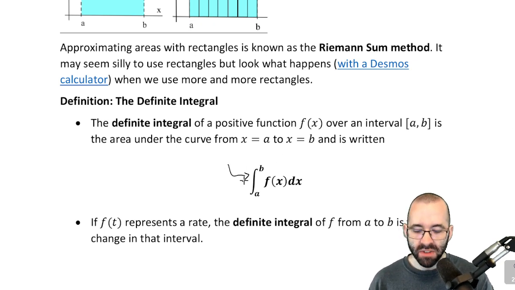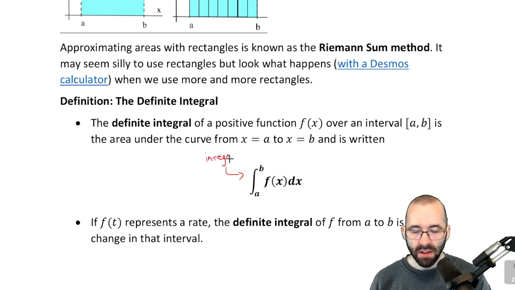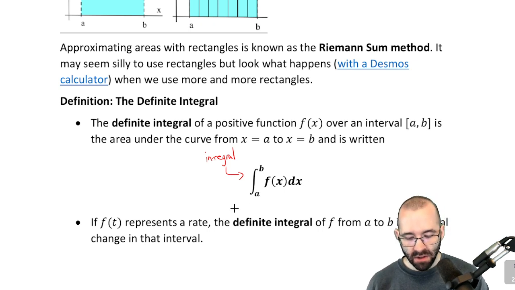You may have seen this integral sign before. So we got a lot of things to label here. Again, this right here is the integral sign. A and B are the start and the finish. They're collectively called limits of integration.